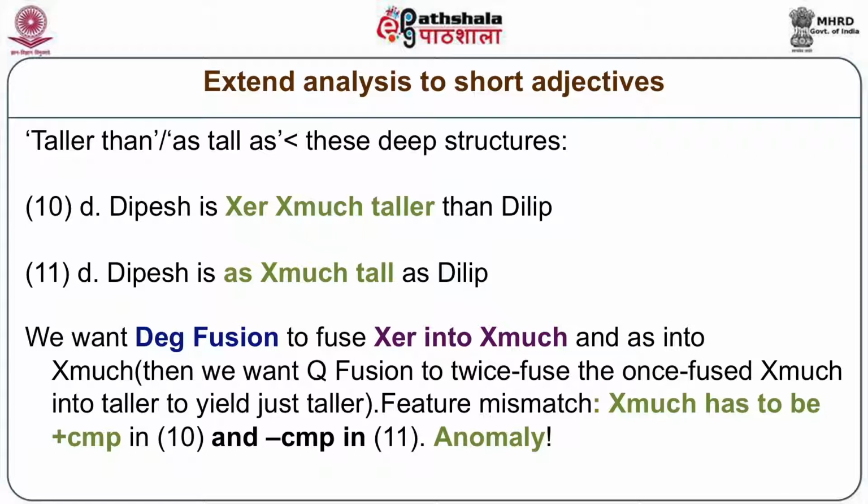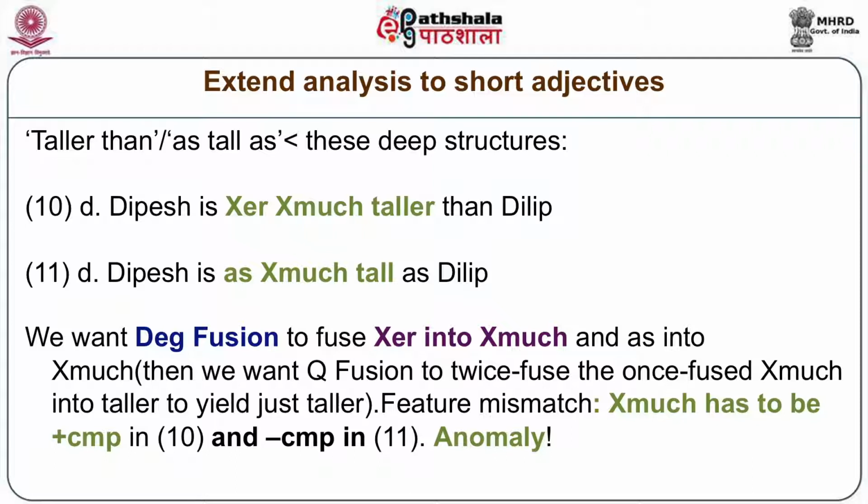At 10, you see that the surface structure, Dipesh is taller than Dilip, corresponds to the deep structure Dipesh is X much taller than Dilip. Notice that we're introducing short adjectives which have the special property that they copy the comparative or superlative material onto the body of the adjective itself.